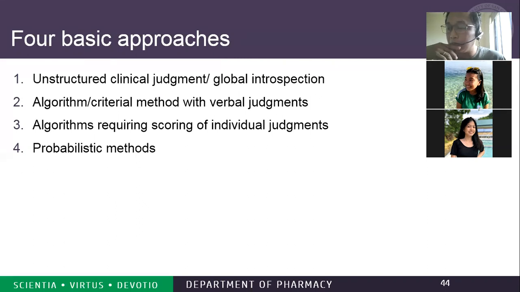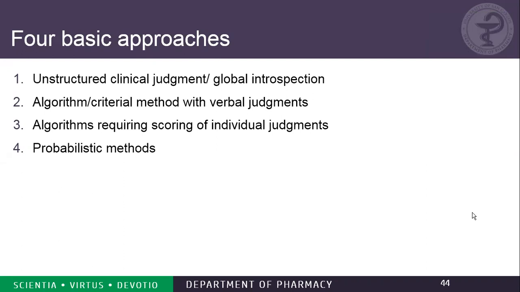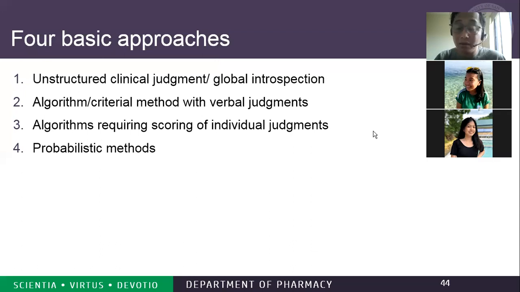It is more likely to be based on empirical evidence because the experts have prior experience in this area of associations, and also the global introspections, just like using the WHO methods.